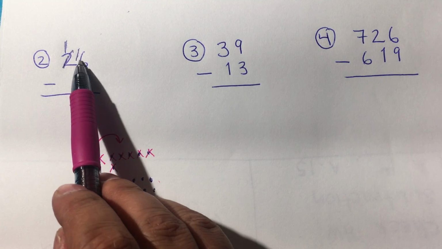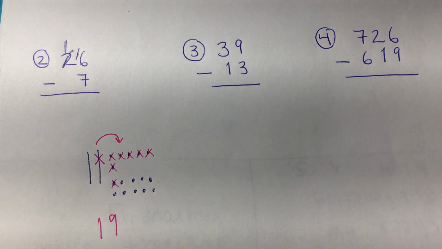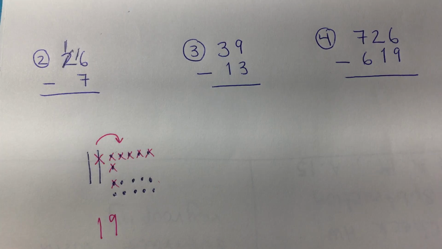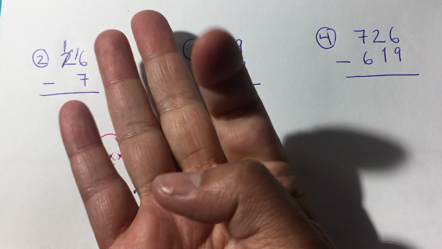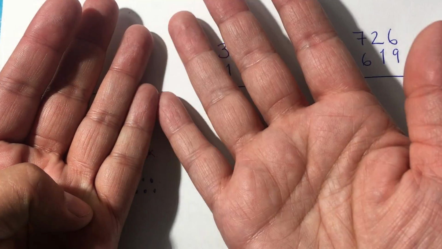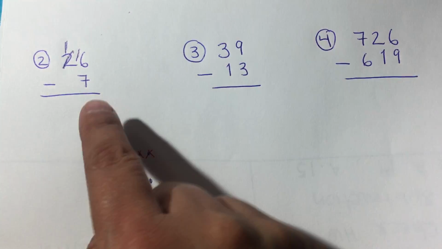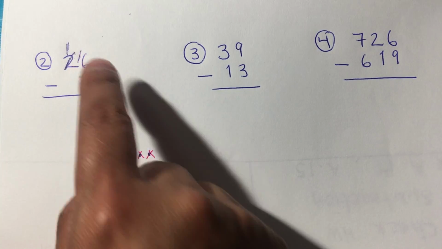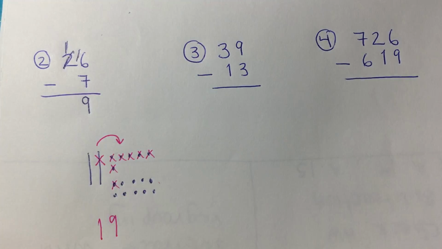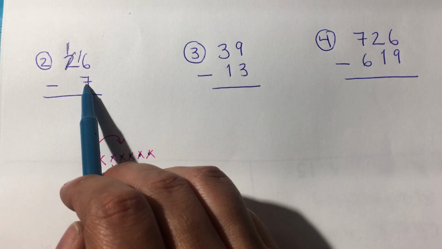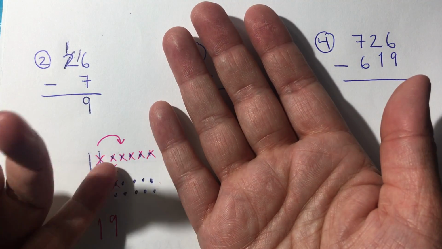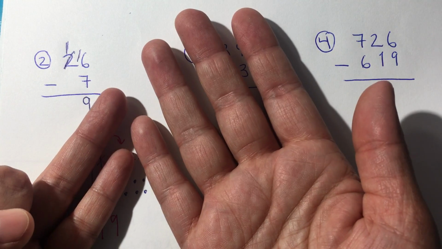Now, when I take away 16 minus 7, there are 2 ways to go. You can count starting with 7 in your mind and then say 7, 8, 9, 10, 11, 12, 13, 14, 15, 16. It's 9. So from the 7 to get to 16, you have 9 more. So 16 take away 7 is 9. Now the other way is to actually take away 7 from 16, but you need to know how to count backwards.